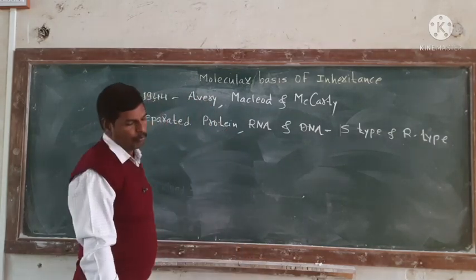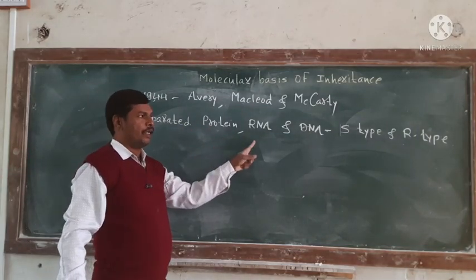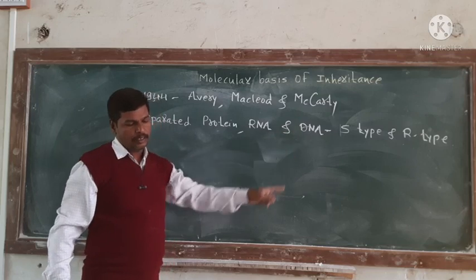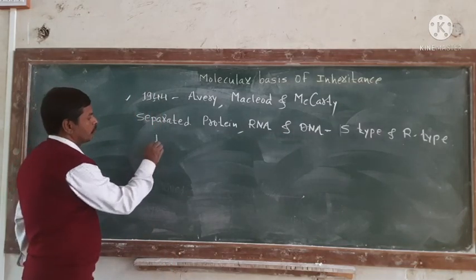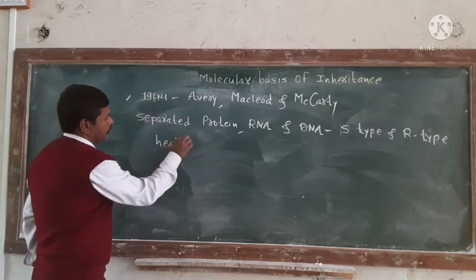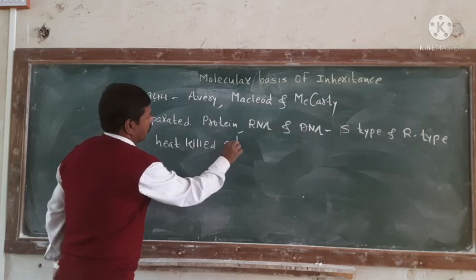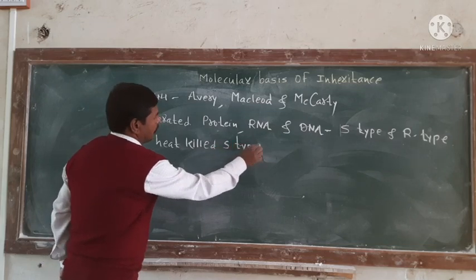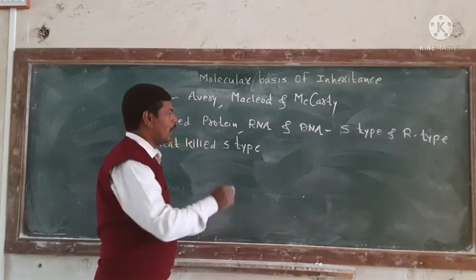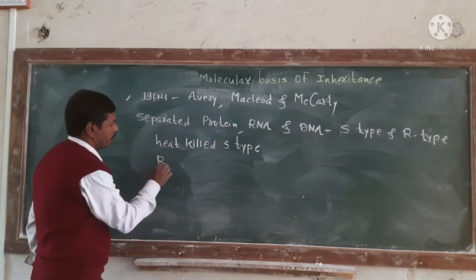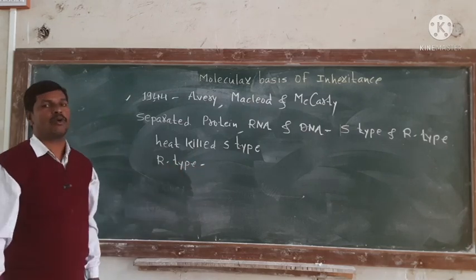And they mixed each separated part, that is protein, RNA and DNA, these three different specific substances, with the heat killed S type and the R type separately, and observed what happens.